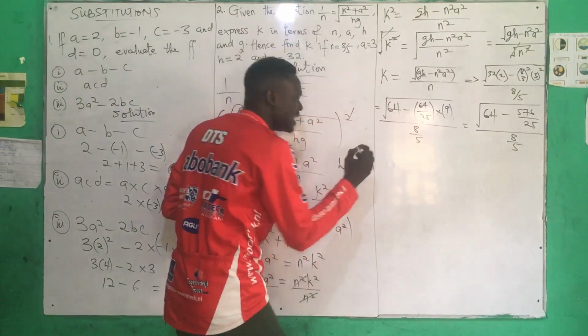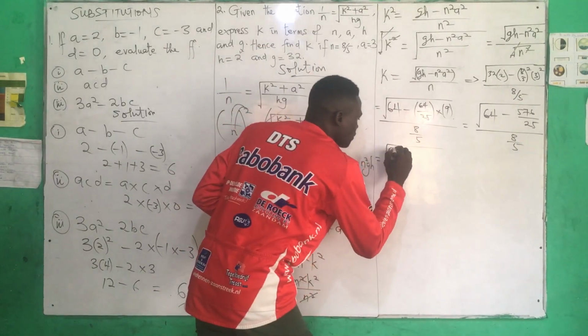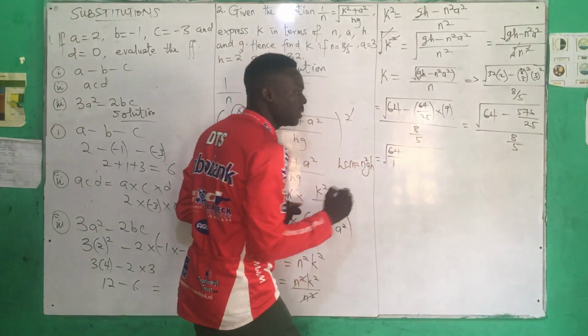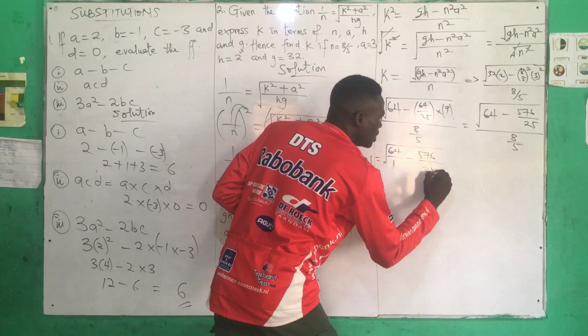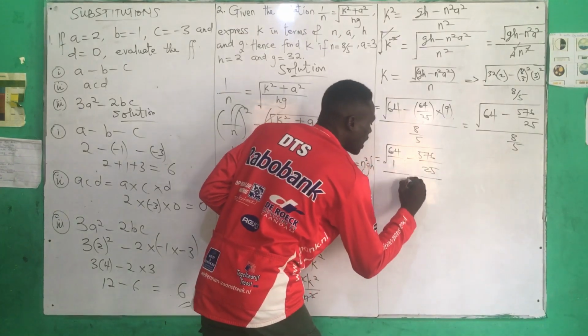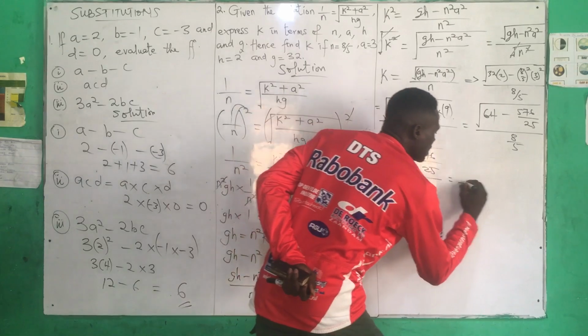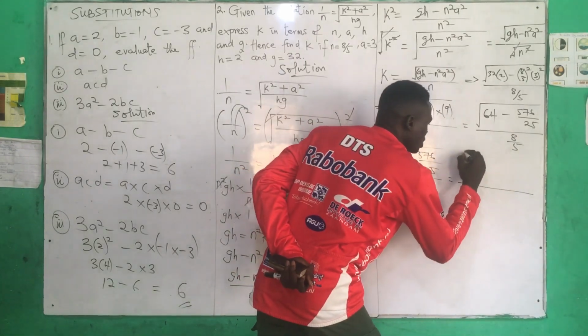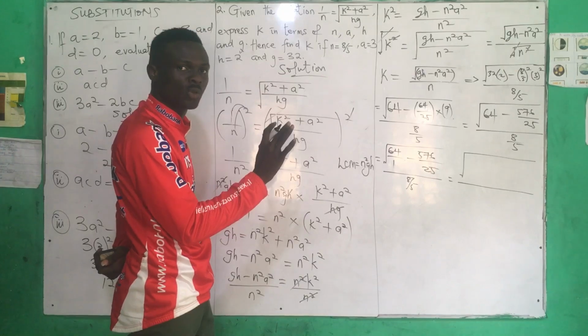So using the idea of subtraction of fractions, we have 64, which can be taken over 1, minus 576 over 25, all over 8 over 5. So here, solving the numerator. Remember, it is in a square root, so we keep on repeating the square root till we are okay without the square root.